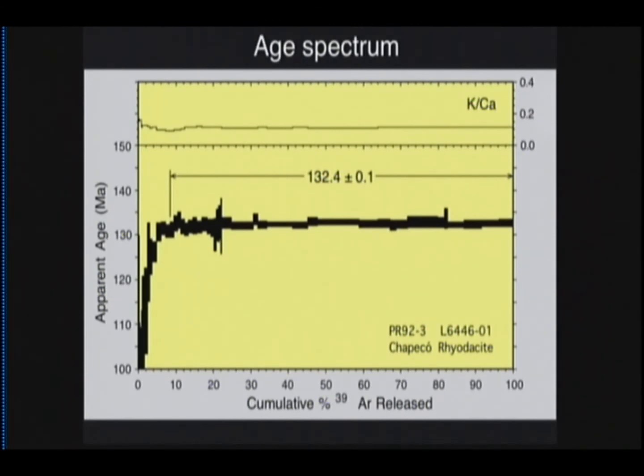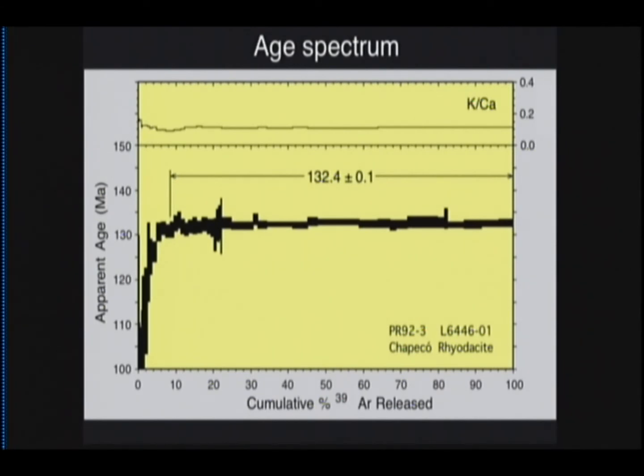And this is not one-to-one, but it's more or less true. And if we notice here that the potassium-calcium ratio is a little bit disturbed up here and a little bit elevated relative to the plateau, where it's very homogeneous, this is consistent with some sericitic alteration, which is responsible for these anomalously low ages.